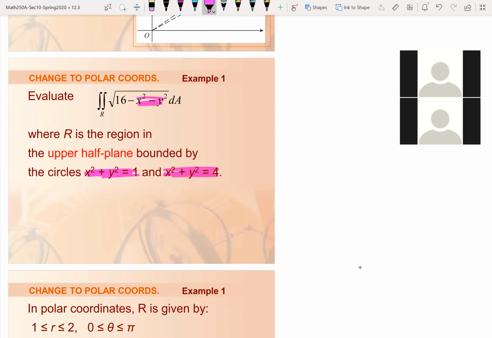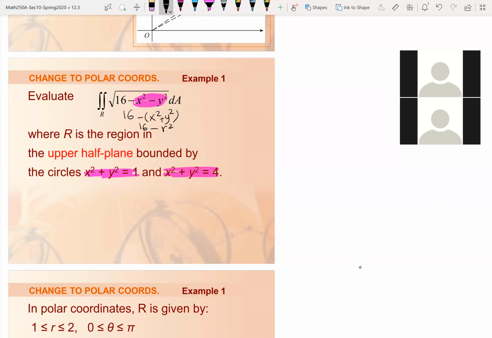Another reason is that if I have a radical, and under the radical I have x squared plus y squared, that's a lot of work for trig substitution. So that has to be written in the polar system because that makes it really like 16 minus r squared. So that's why we prefer to go by polar here.